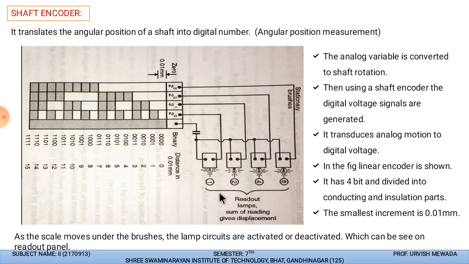This readout panel will read the position, or the intensity of the glowing bulb, and from that we can convert this signal into a digital voltage signal. So this is how we can use the shaft encoder.